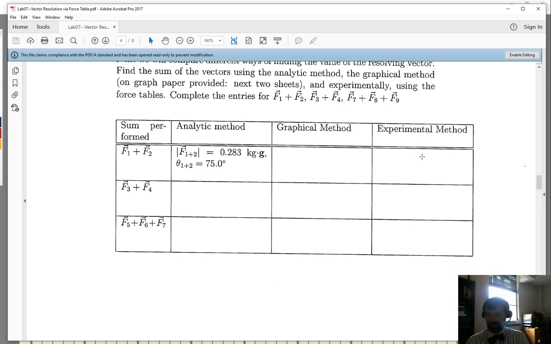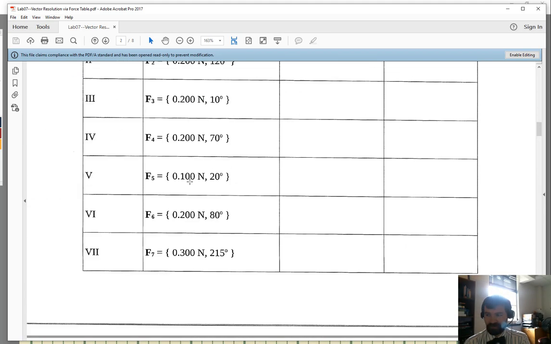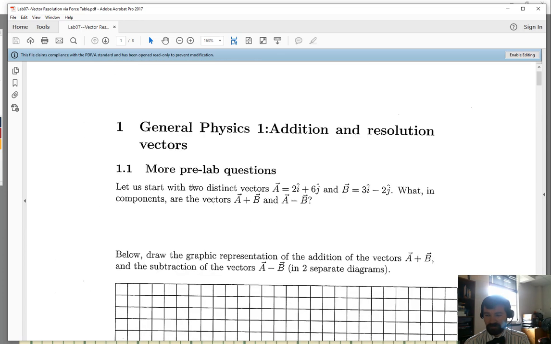Literally everything up until these 3 columns is something that you can do at home without any equipment. You just need your pen or pencil, some graph paper, and a calculator, and a ruler, and a protractor. Okay, so hopefully this video will help you to do all of the calculations before showing up to class, so that when you're in class you just take the data.